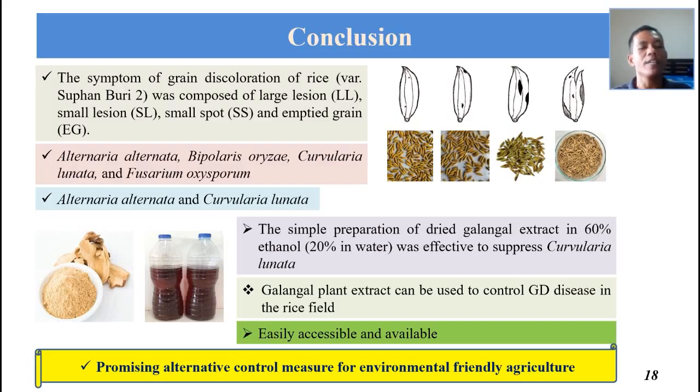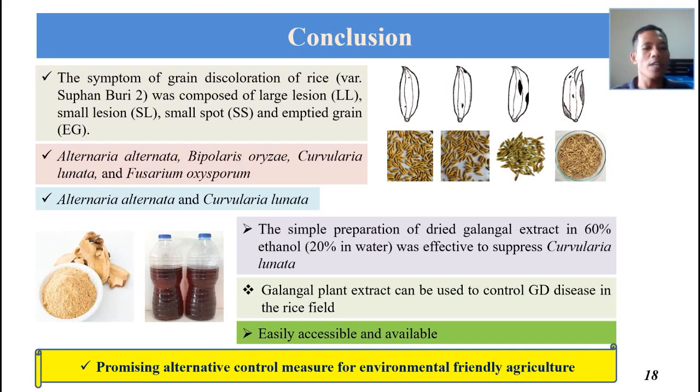So we can conclude that in our study, in the rice varieties of Arboretum, the symptoms of green discoloration are composed of large lesion, small spot, and also the empty grain with the emphatic lesions. Alternaria alternata, Bipolaris oryzae, Curvularia lunata, and Fusarium oxysporum are the four major fungi from each type of symptom.